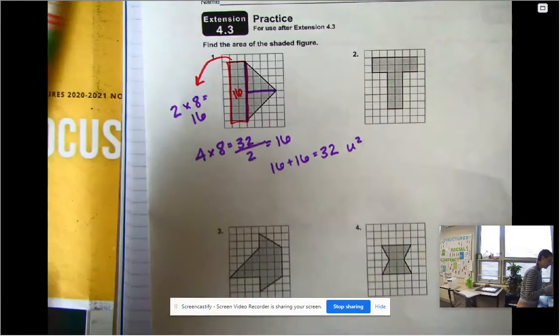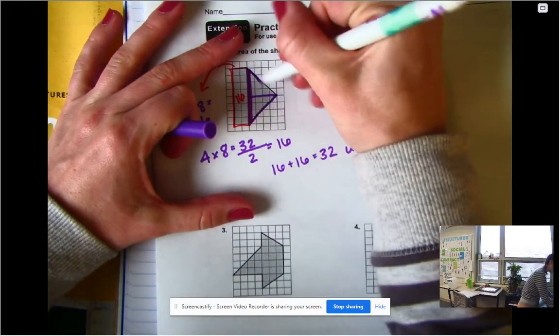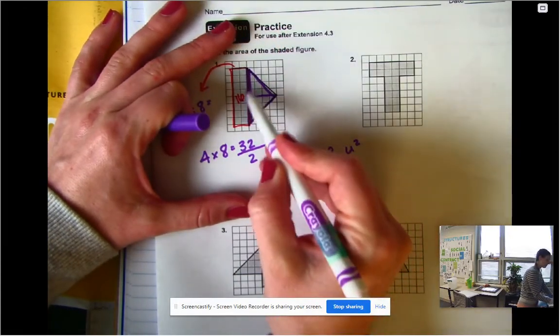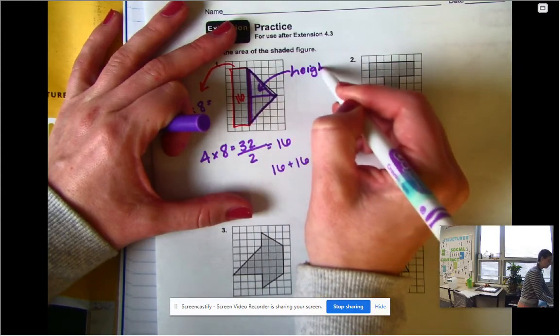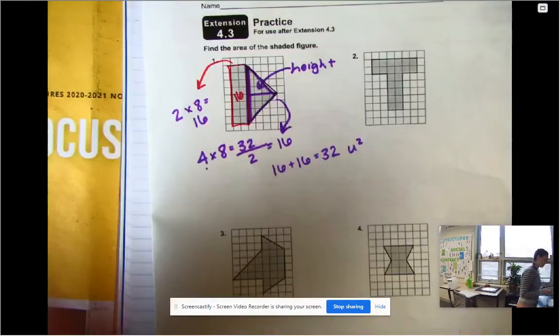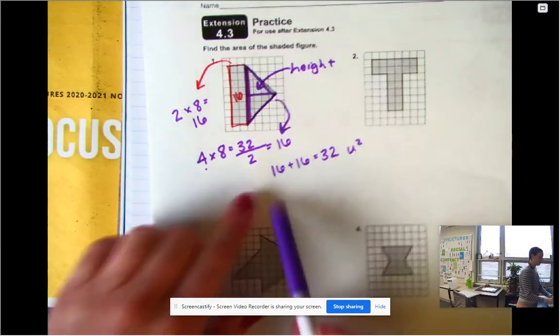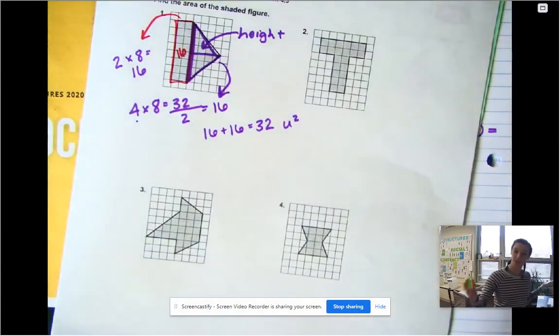And over here, I have a triangle. The base of that triangle is 8. The height of that triangle is 4. So the area of that triangle is also 16. And then I do 16 plus 16 and get 32 units squared. Either way I do it, there you have your answer.